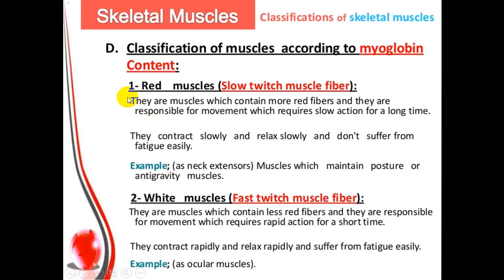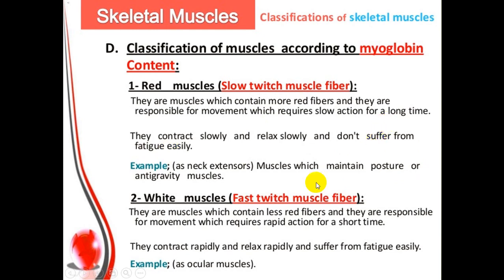The Z lines are thicker, and the contraction is slow and prolonged. These fibers are also known as postural muscle fibers, and these muscles are also known as slow twitch muscles. And because of the high percentage of myoglobin and mitochondria, these muscles are not easily fatigued.